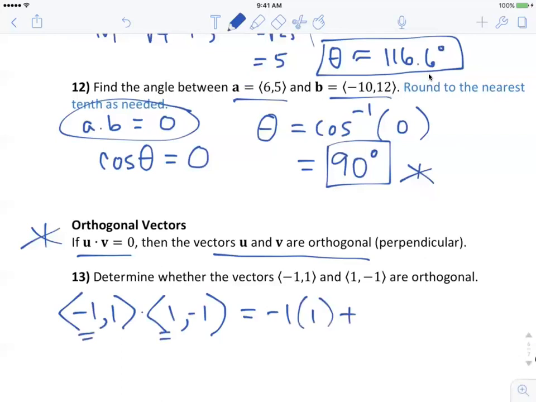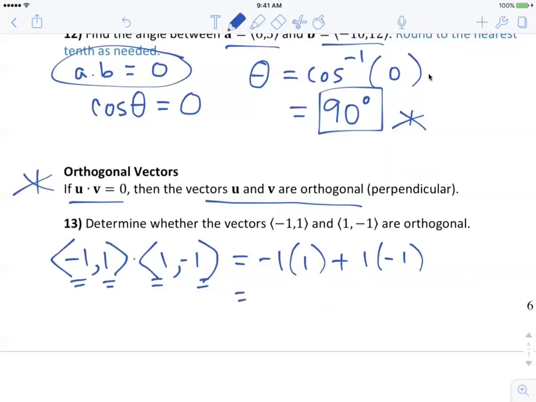Add to that, multiply the second two, 1 times -1. Did we get 0 here? Let's see. We get -1 plus -1. Nope, that's -2. So no, they are not orthogonal. They are some other angle that we don't know. We could find it, but we're not going to because that's the end of the handout.